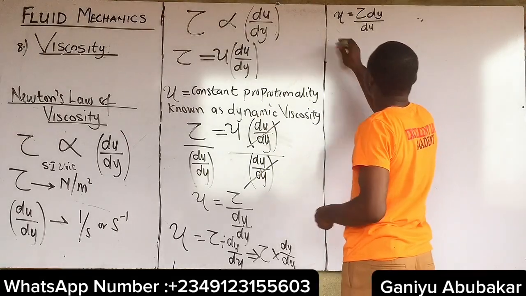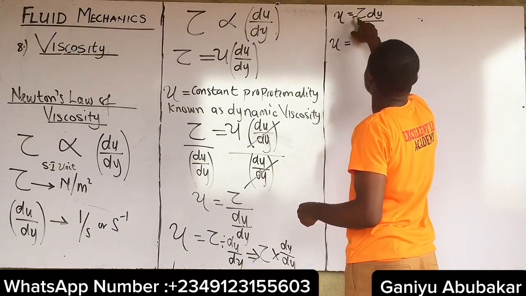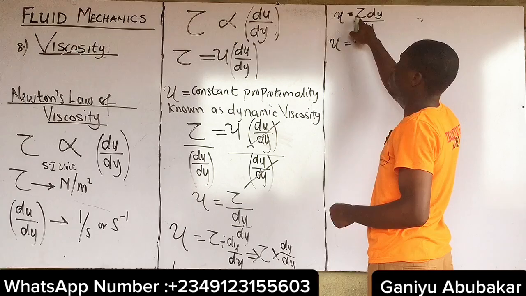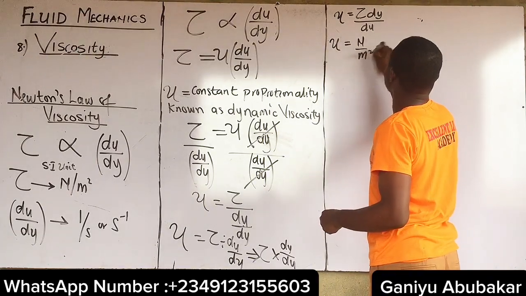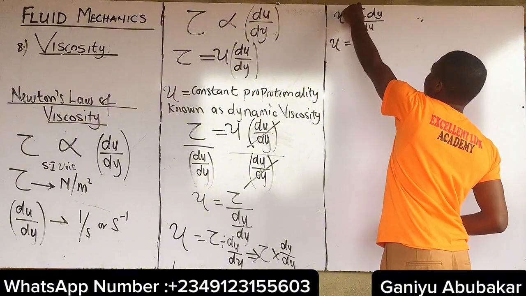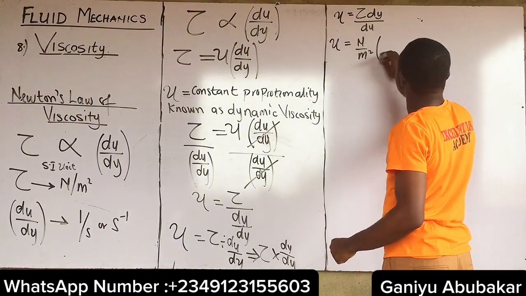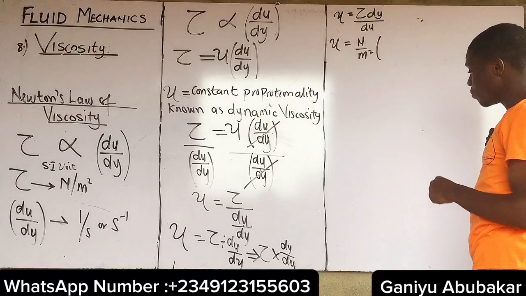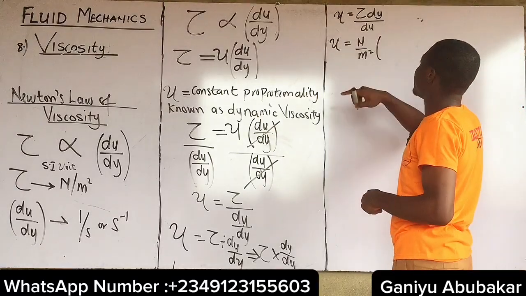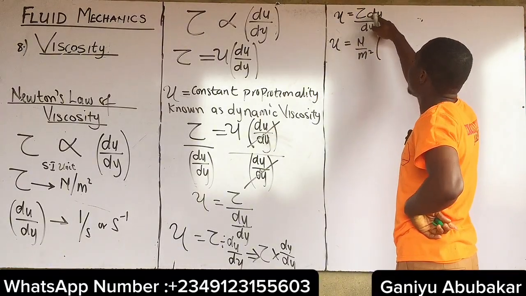We know that tau, this is shear stress, is measured in Newton per meter squared. Into the y over the u.